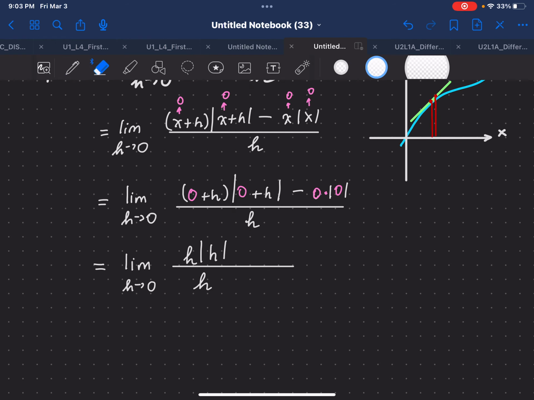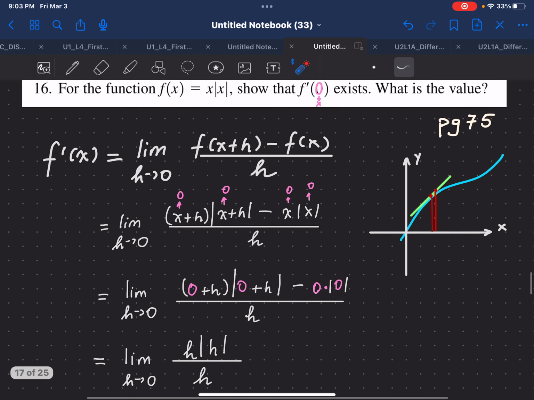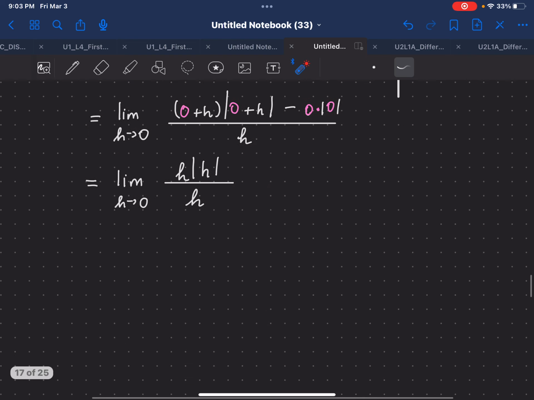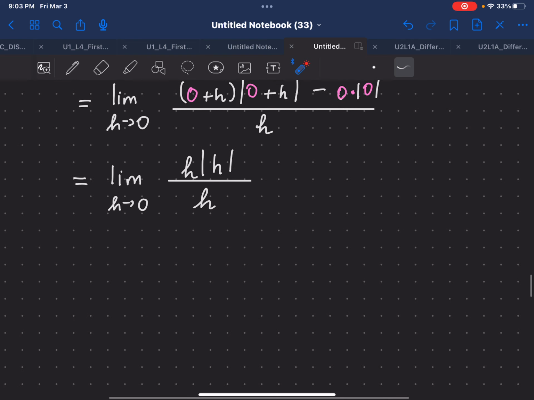So look at this. The limit as h approaches 0 of h, absolute value of h over h, will be the derivative at x equals 0. So do not mix up this value of x equals 0 with the h, right? As you can see in here, we have a factor of h in the numerator and we have h in the denominator. These two will simplify each other.